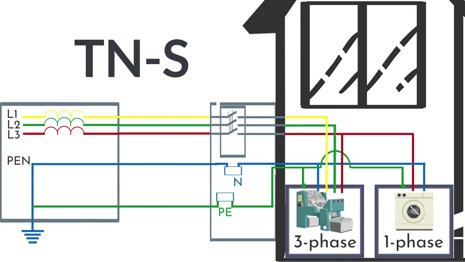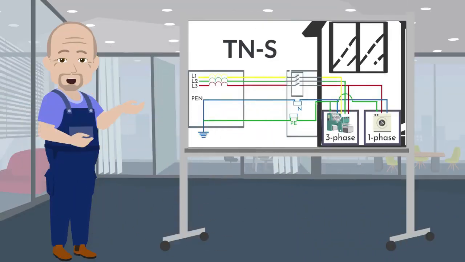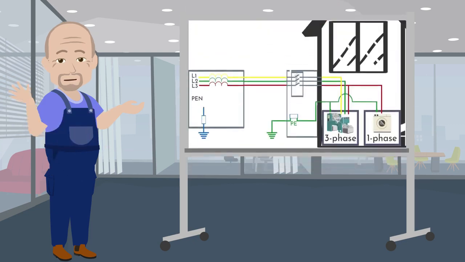This system provides a very high level of safety. In case of working zero burnout, the electrical appliance envelopes remain grounded. Regardless of the neutral conductor state, protection against electric shock is provided. However, this system is not commonly used due to its high cost. You need 5 wires in case of a 3-phase connection, while a single-phase connection requires 3 wires.